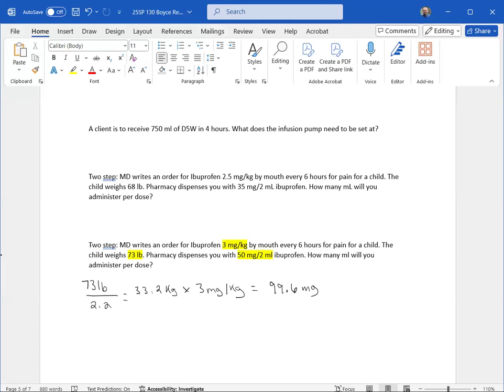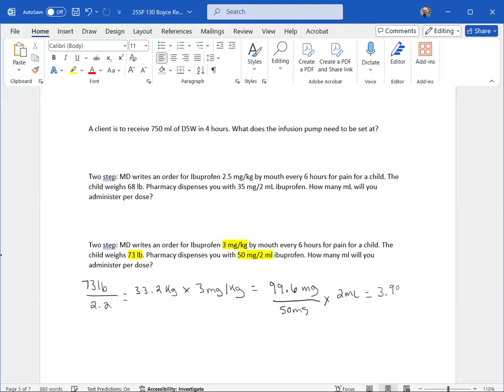So let's say I'm doing ordered over available. Okay. I'm just going to take my 99.6. What do I have available? 50 milligrams, and then times my quantity. So I'm going to take the 99.6 times 2 divided by 50, and I'm going to get 3.984.